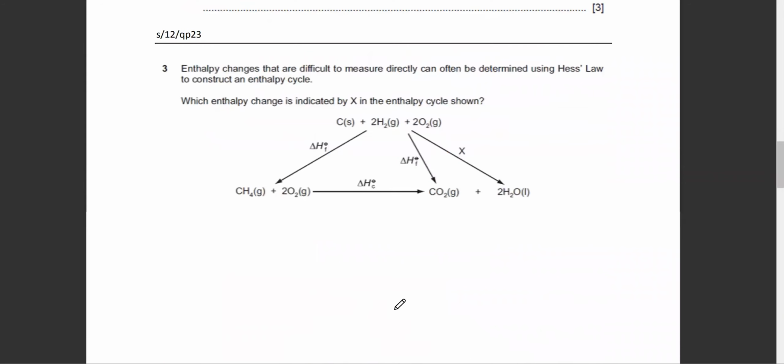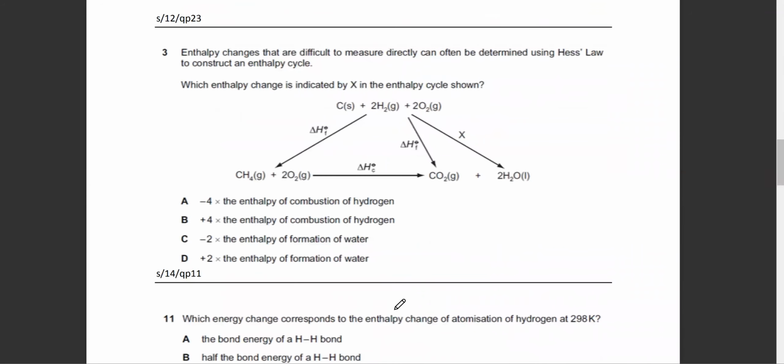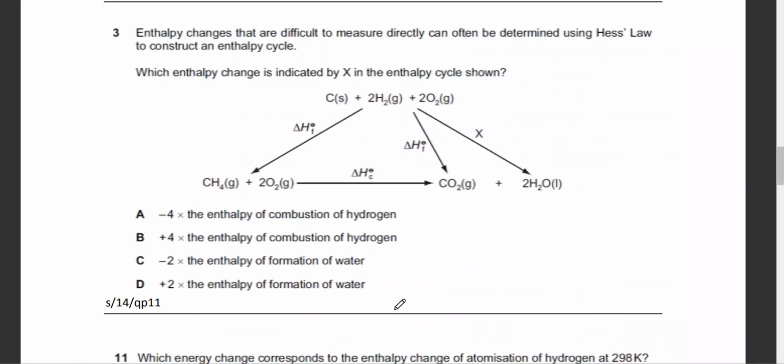So anyways, let's do some. This one looks slightly tougher. He's asking what is X. So what's happening over here? There's a water molecule being formed from what? From its elements. So what would you call X?